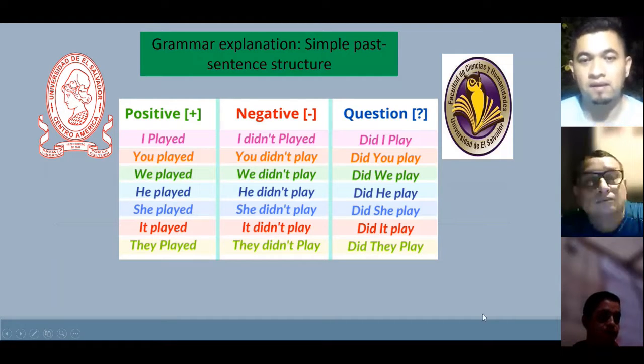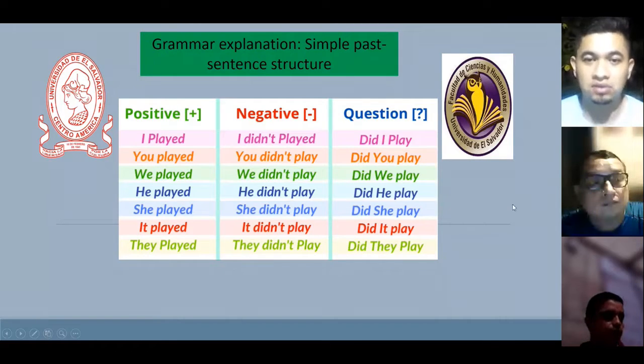If we are going to create a negative form, we also add the auxiliary verb, right? I did not, or I didn't played. You didn't play.